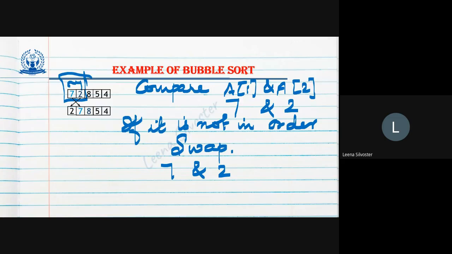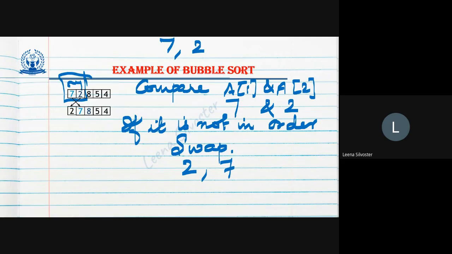We have to store the elements in ascending order. So 7 and 2, is it in ascending order? No. So we have to exchange it. Exchanging means we store it like this: 2, comma 7.